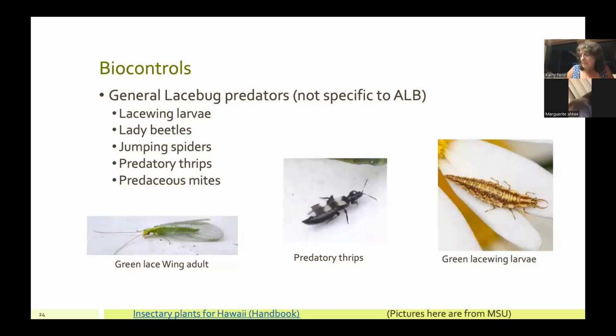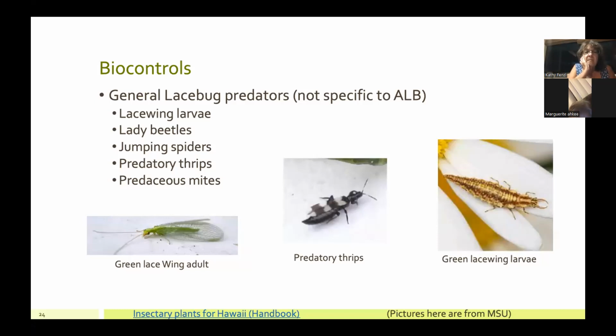Lacewings, lady beetles, and spiders are commonly found here in Hawaii, but from the information I've seen, they're not very effective at controlling the lacebug itself. You might see them in the area and they might be doing some damage to the lace bug, but all the research I've seen doesn't show that they're too effective at eliminating the population.